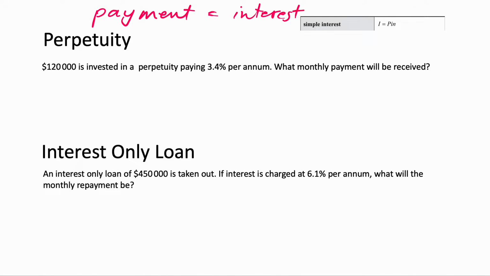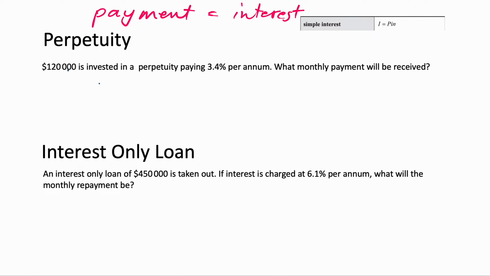So, for example, in a perpetuity, you've got a lump sum that you're investing. It earns interest and will be paid monthly. And whatever the interest is earned in that month, you'll take that out as a payment so that your investment actually doesn't increase or decrease. It just stays the same over the whole term, however long you have it in that investment.